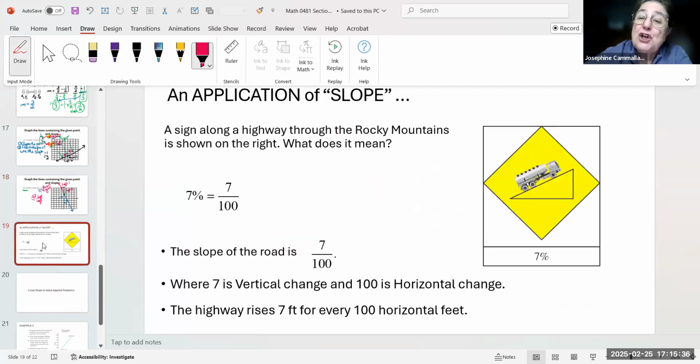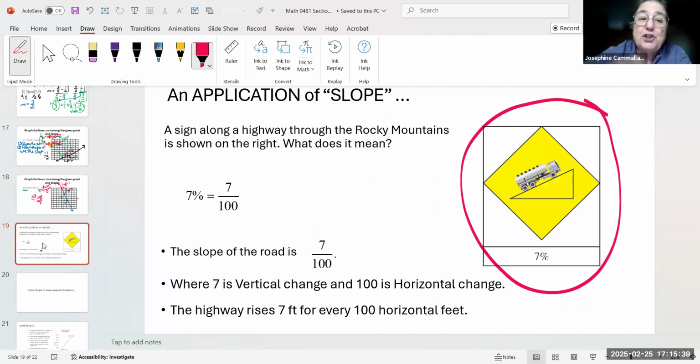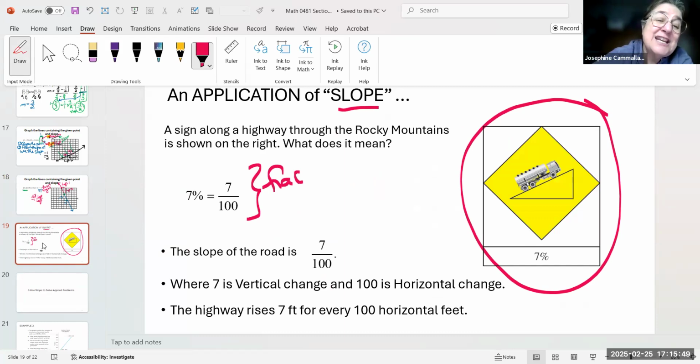Now, you're going to be given this picture. And this is an application of slope. Now remember, slope is a fraction. If you're told that an incline, and that's what this is considered, an incline.